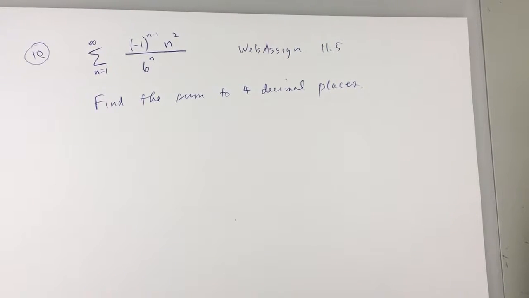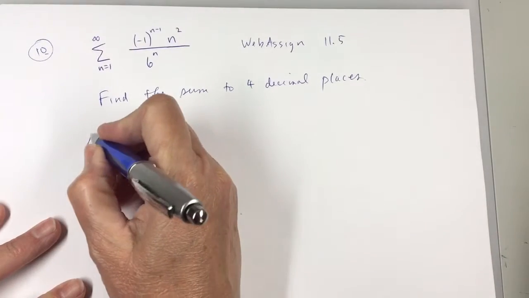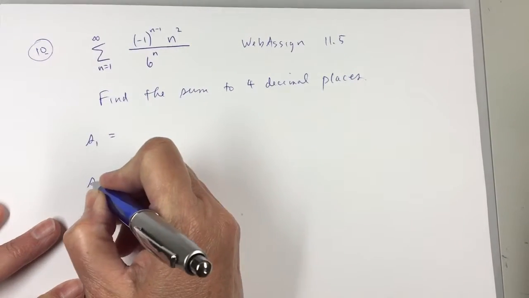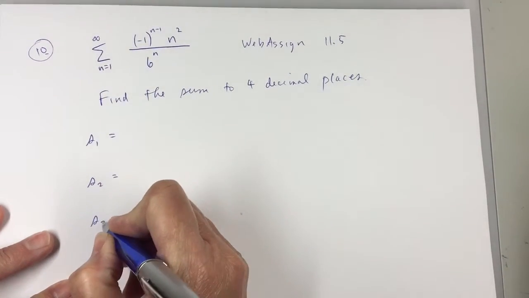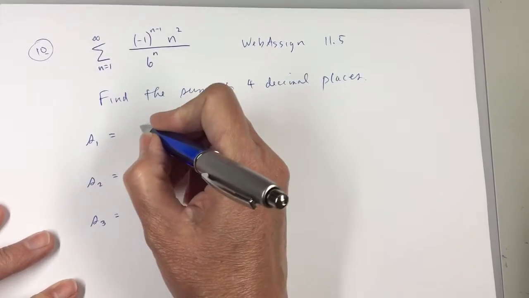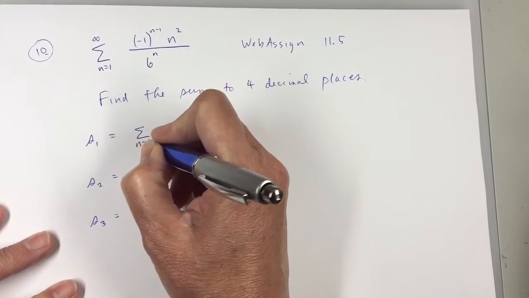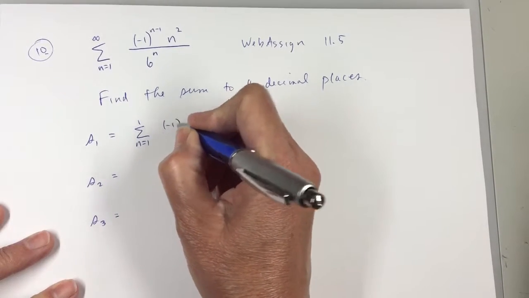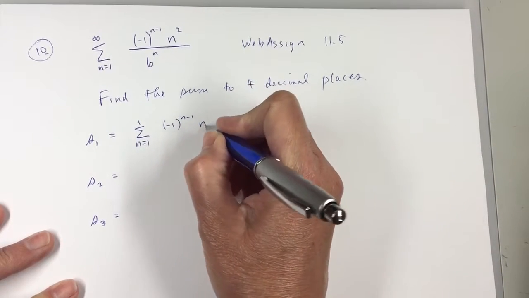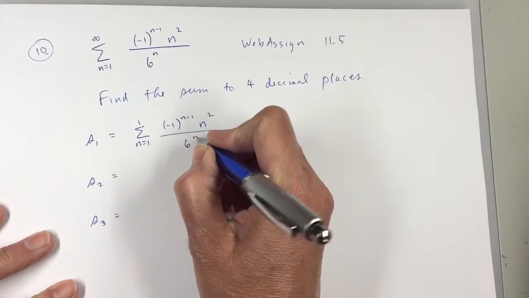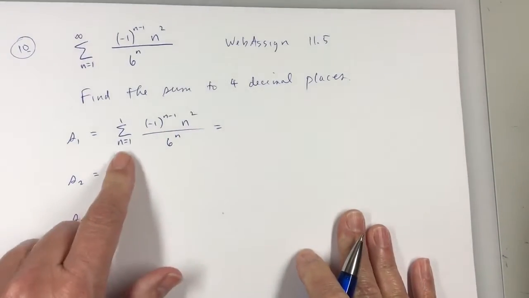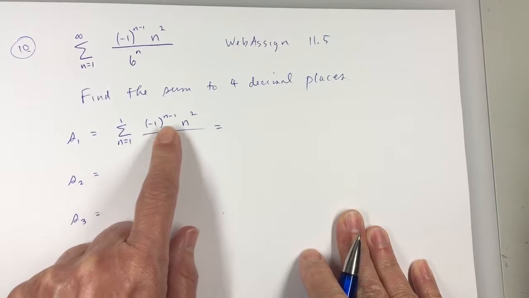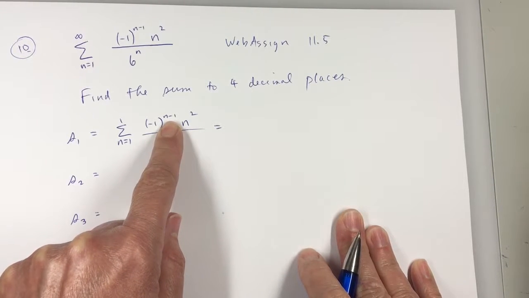So to work this problem, I'm going to find some partial sums. S sub 1, S sub 2, S sub 3. So S sub 1 is the sum as n starts at 1 and ends at 1, negative 1 to the n minus 1 times n squared over 6 to the n. So when n is 1, 1 minus 1 is 0.